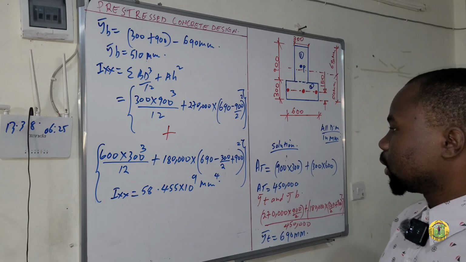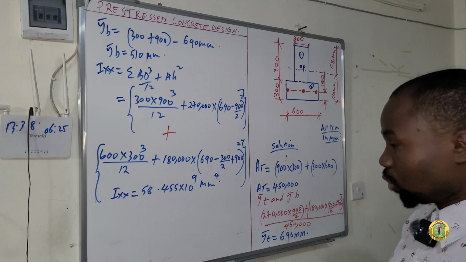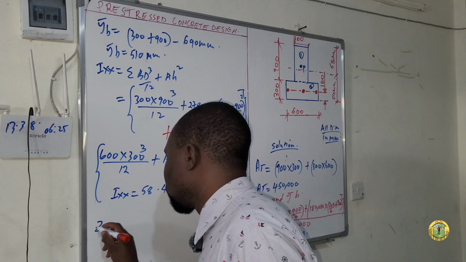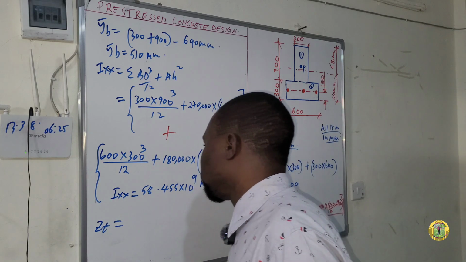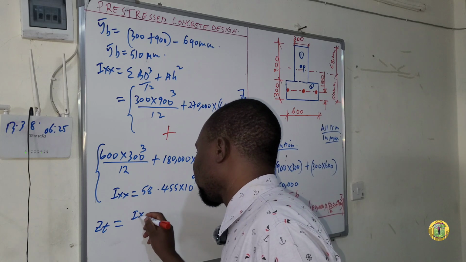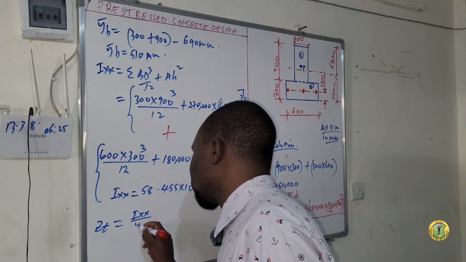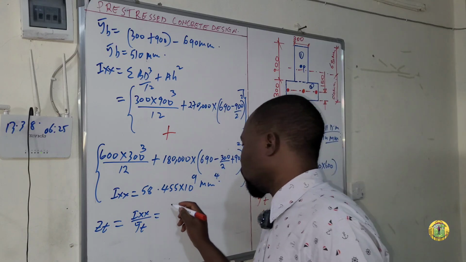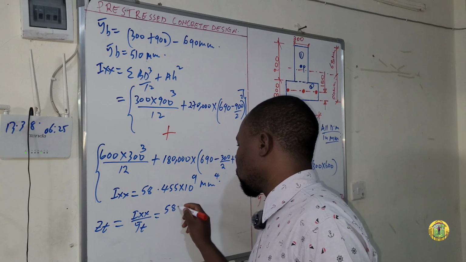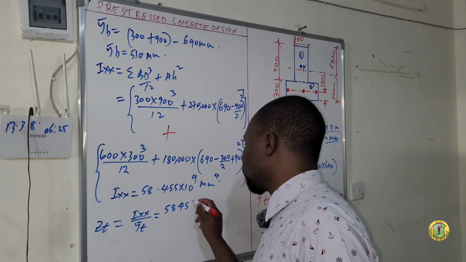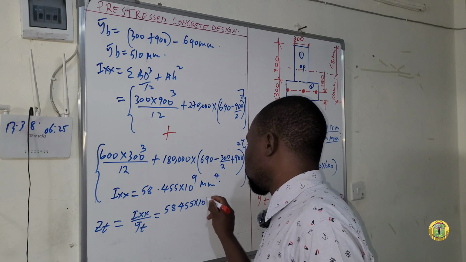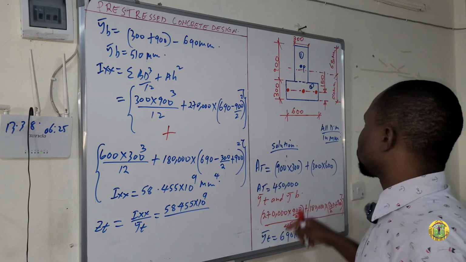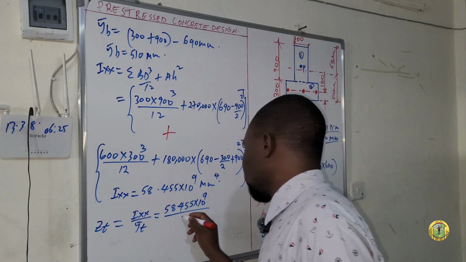So this is Z top and Z bottom. So Z top will be IXX over y bar top. So this one is equal to IXX is 58.455 times 10 to the power of 9 divided by y bar top, which is 690.